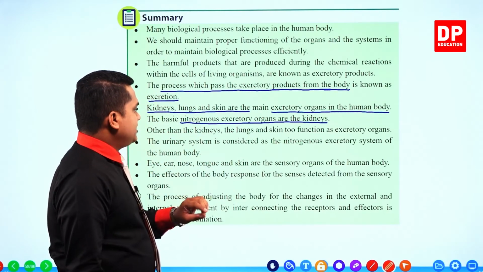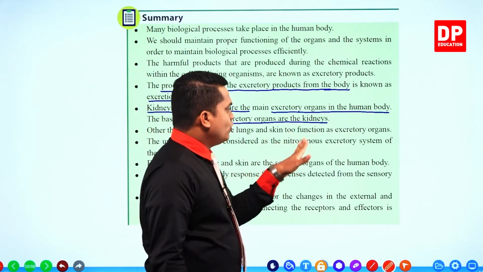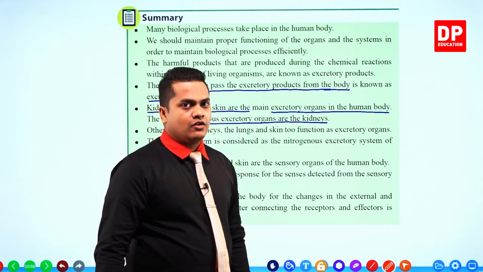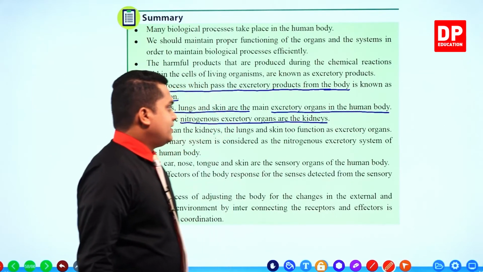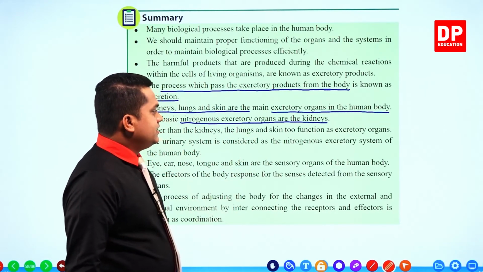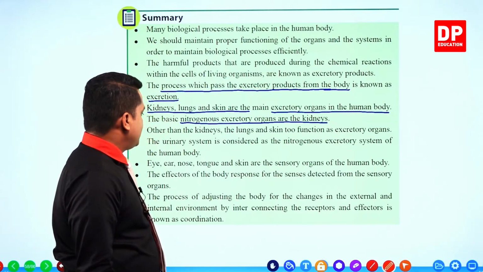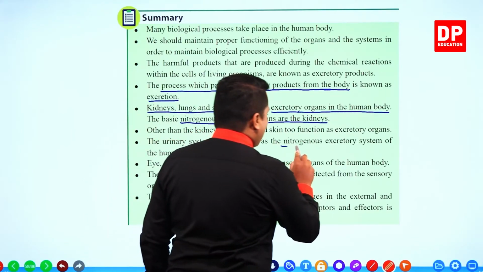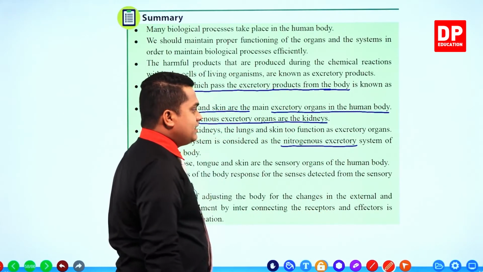Other than the kidneys, the lungs and skin also function as excretory organs. We discussed that, right? The urinary system is considered the nitrogenous excretory system of the human body.